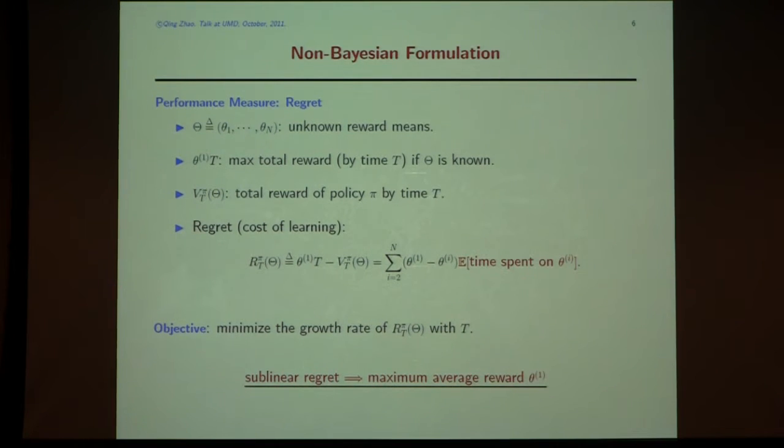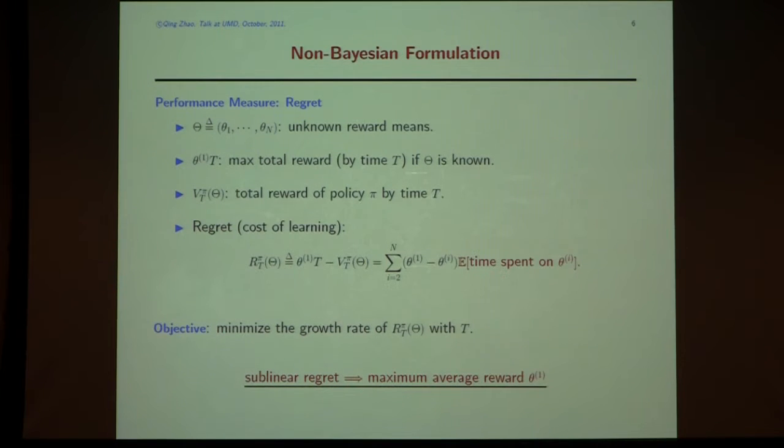So in this talk, we're actually focusing on the non-Bayesian framework, where we have no prior statistical model of the unknowns. So we just treat them as unknown deterministic values, theta 1 to theta n, as the mean of each arm. If the model of the system is known to us, if we know theta 1 to theta n, then the optimal action is obvious.